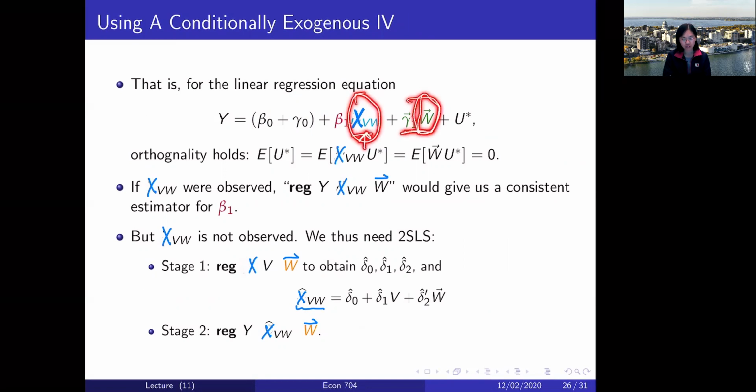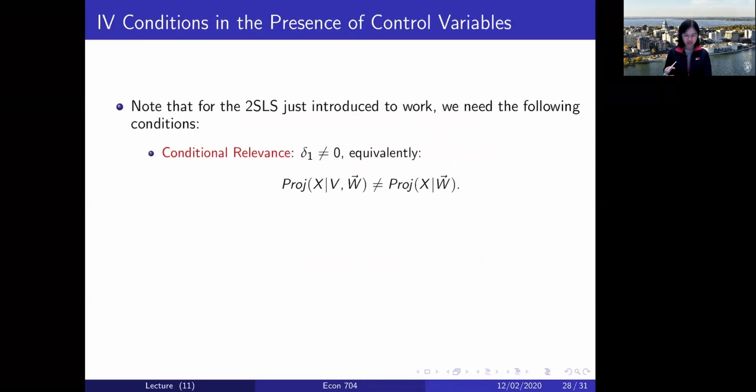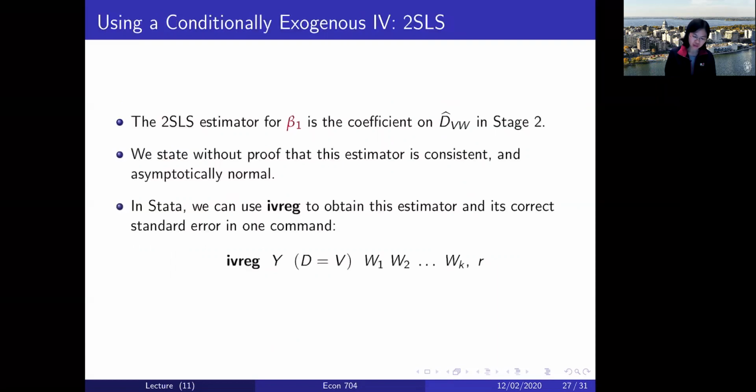And perfect multicollinearity almost never works. So the two-stage least squares will become inconsistent because of this. This is why the conditional relevance assumption for the instrumental variable V is also important.